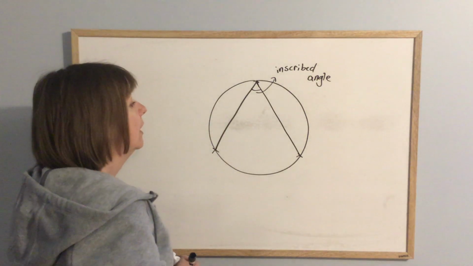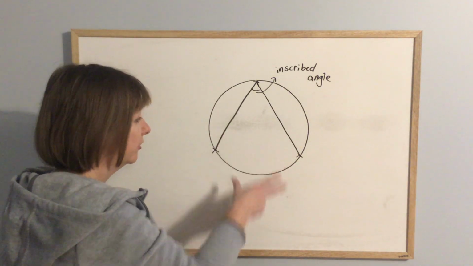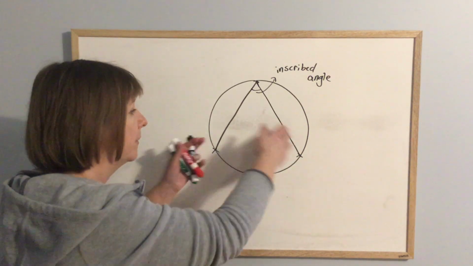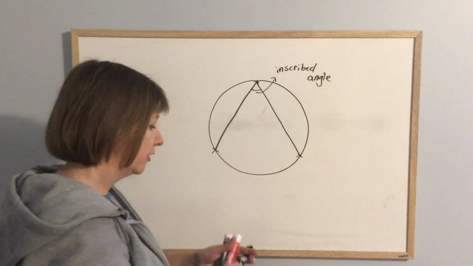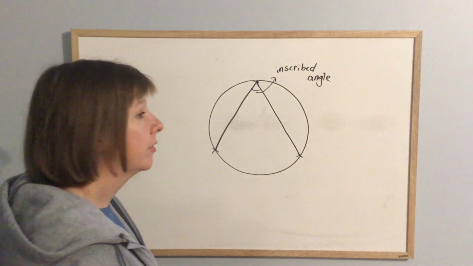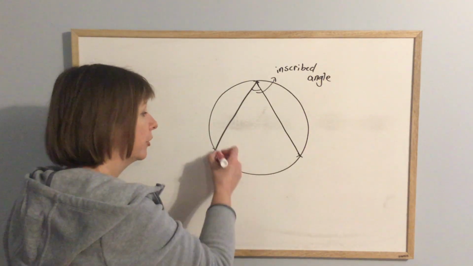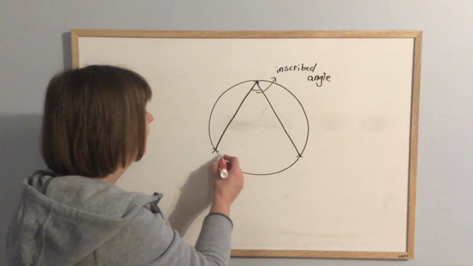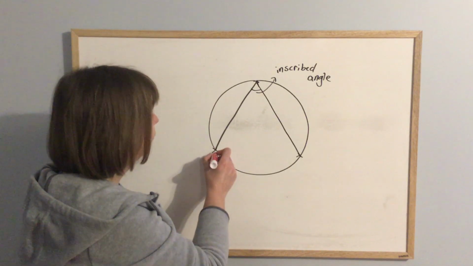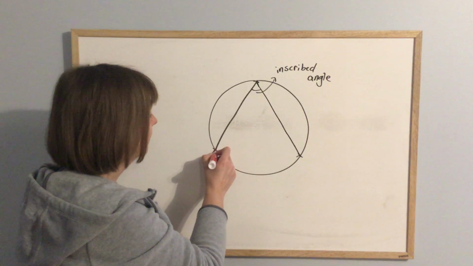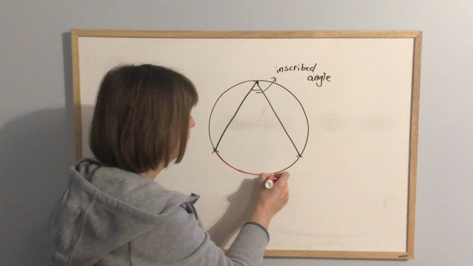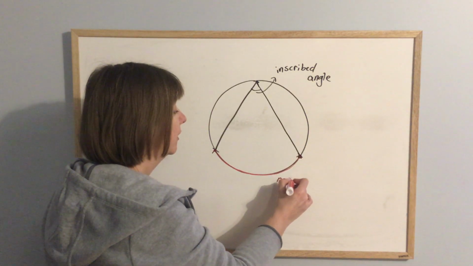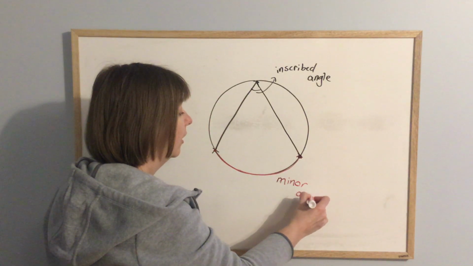So an inscribed angle is just an angle that happens at the edge of a circle. Now, where these two chords come out and touch the circle, the curved edge of the circle, and I'm doing this in another color so that hopefully you can see it, the short part of the circle that joins this is called the minor arc.